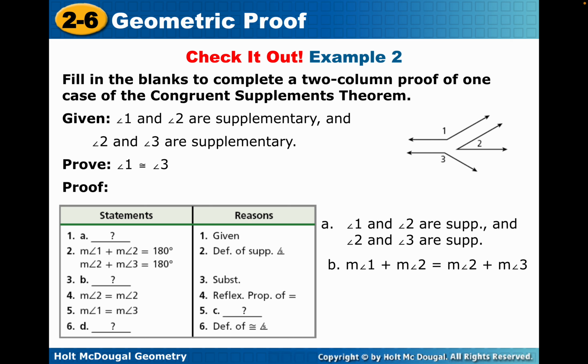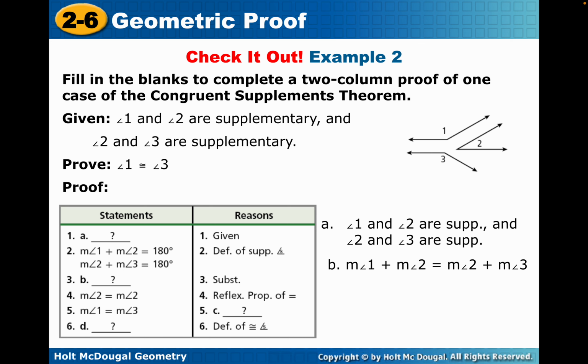Okay, so that's our third step. Fourth step, it says the measure of angle 2 equals the measure of angle 2. That's the reflexive property, so we're explaining that the measure equals itself. All right, so those are equal.